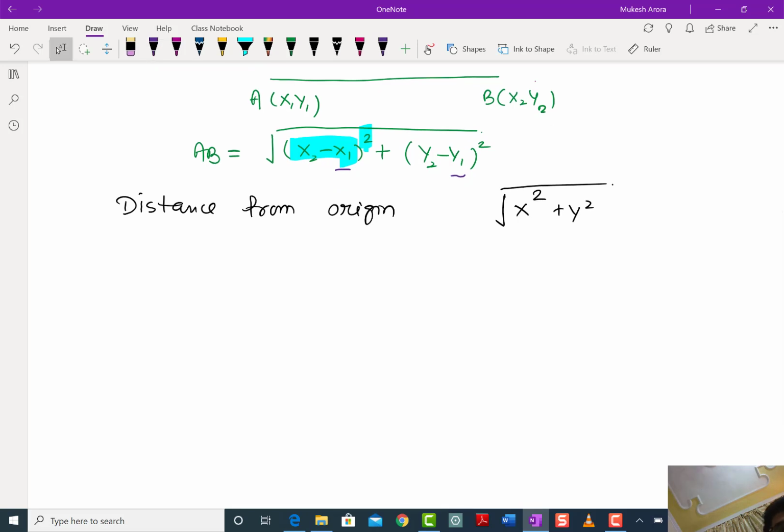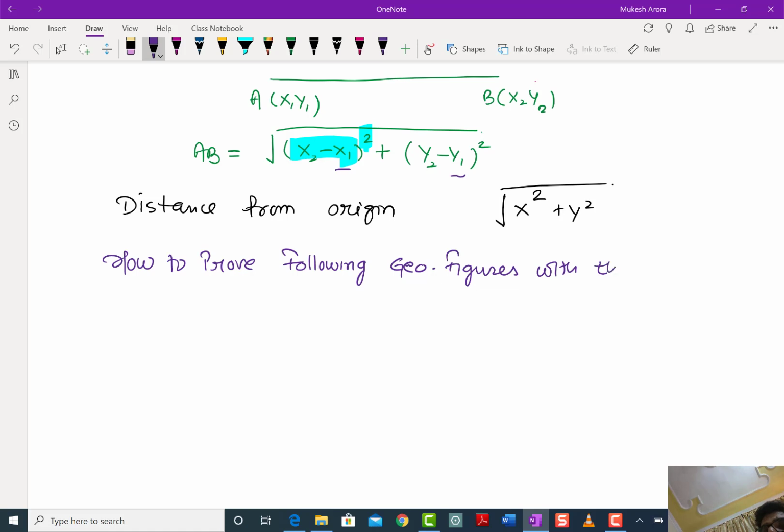So the first question is how to prove the following geometrical figures with the help of the distance formula.